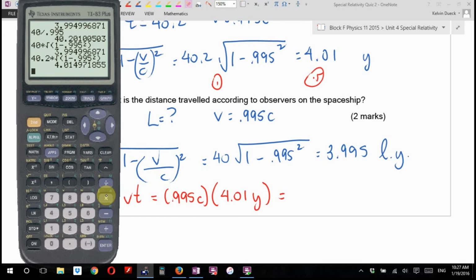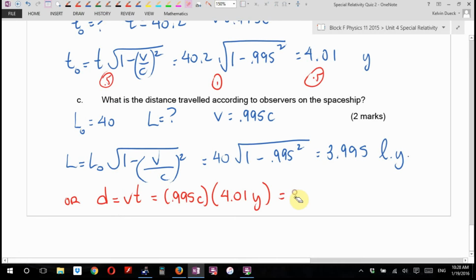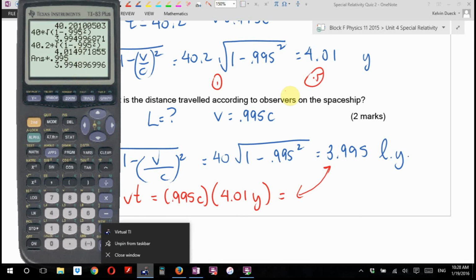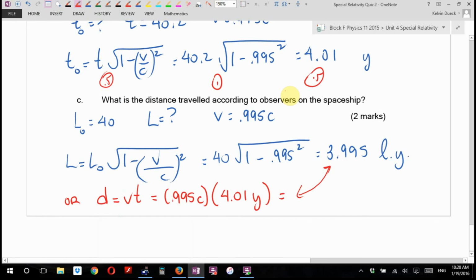If I take this number and I go times 0.995, I get exactly the same as before, 3.99, I get that number there. So you get the same answer, 3.994. Is that what it was? We're rounding off? No, it's still 3.995, I think. Okay. For this one, half mark, 1 mark, half mark.